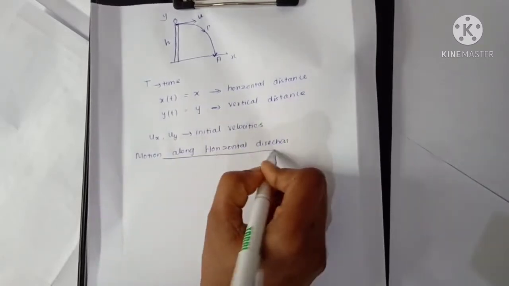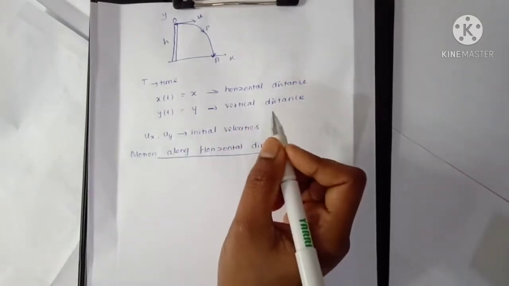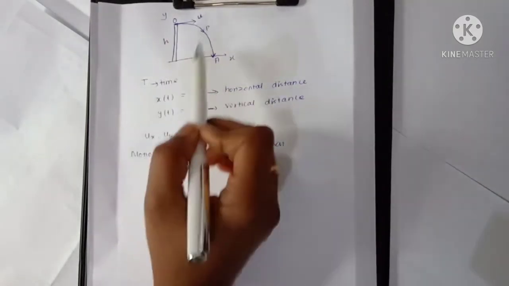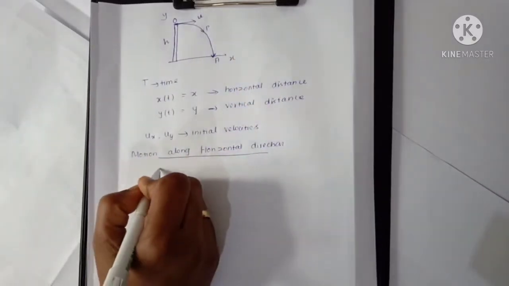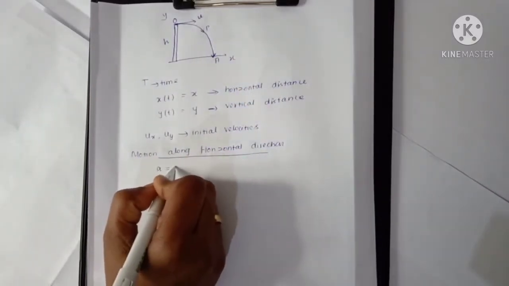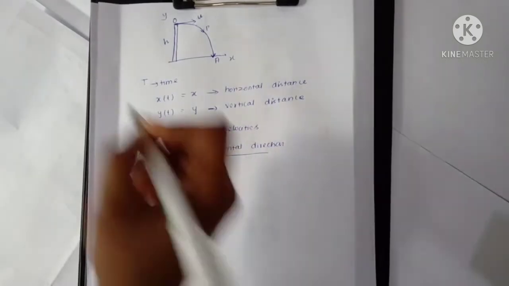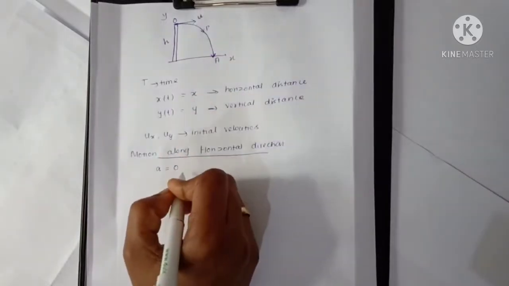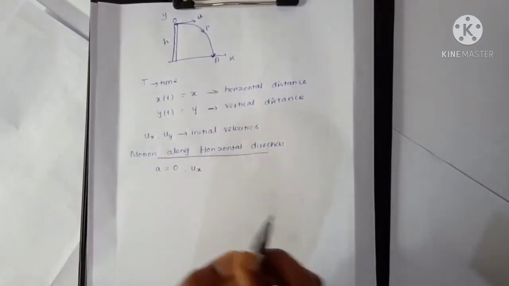Initially the particle has no acceleration along the x-axis. There is no acceleration along the x-axis, so acceleration a is equal to 0. The initial velocity is constant throughout the motion, so ux is constant.